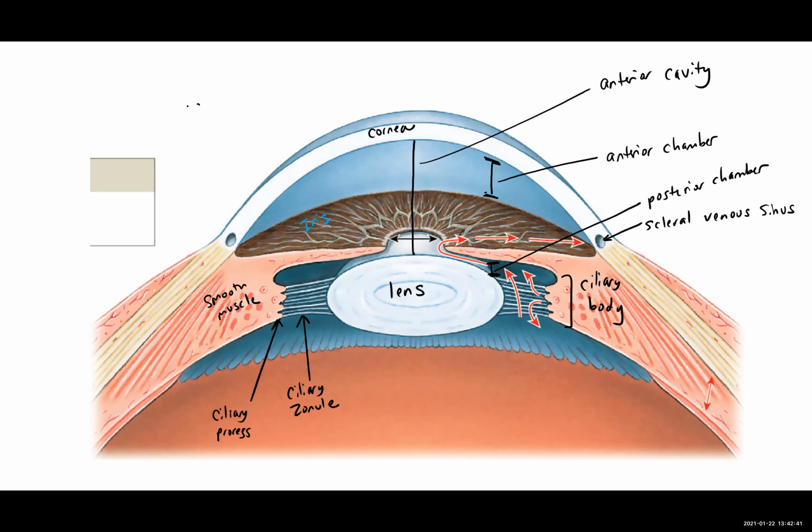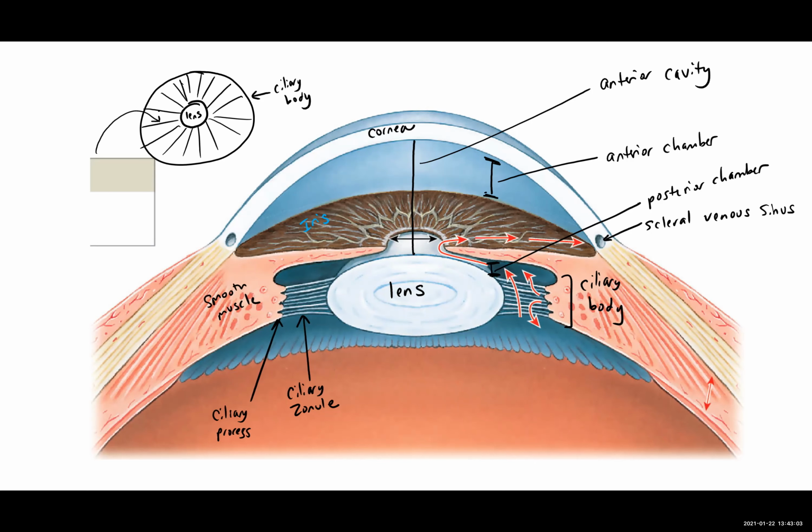So if we look at this as the lens, then we're going to see the ciliary body is a circular muscle. And then we'll see holding that lens in place are those ciliary zonules. So that'll be important when we talk about accommodation in lecture.